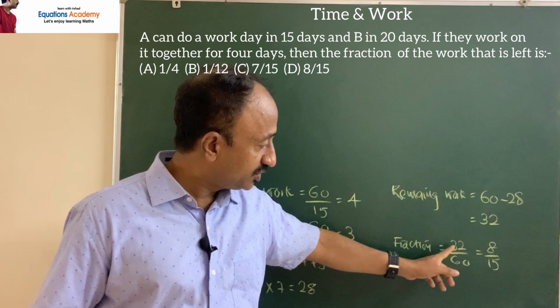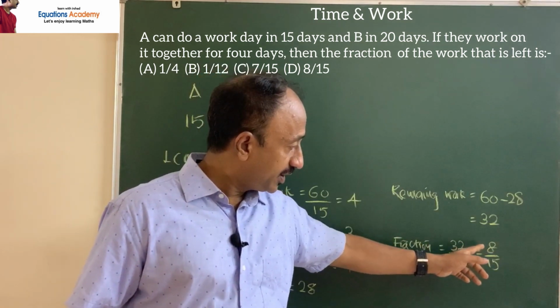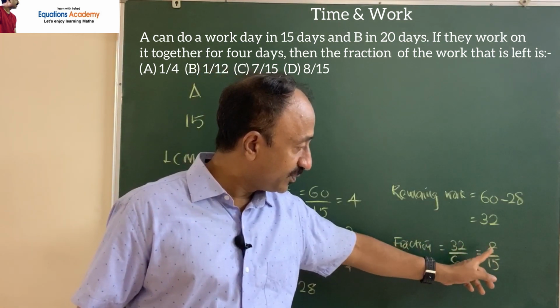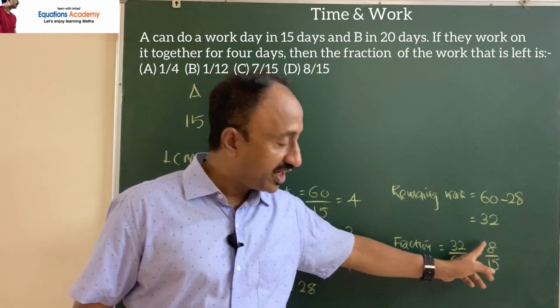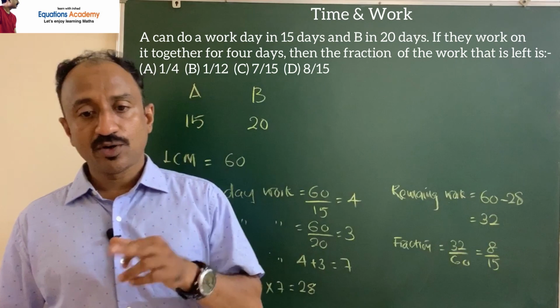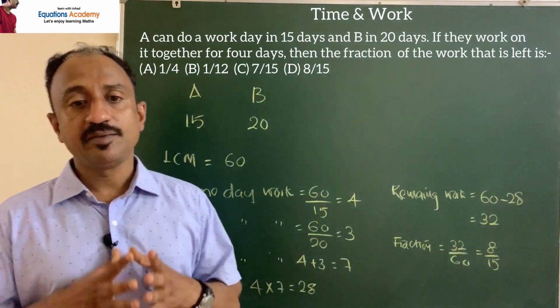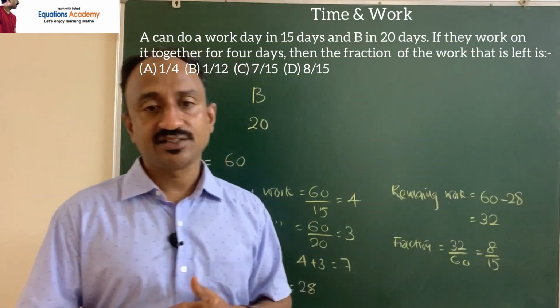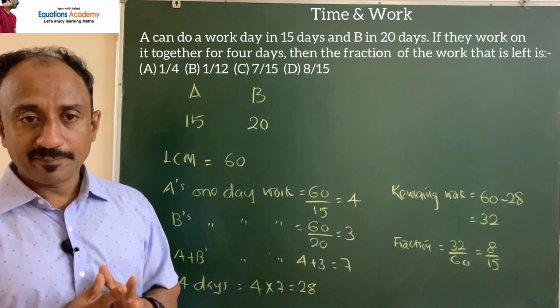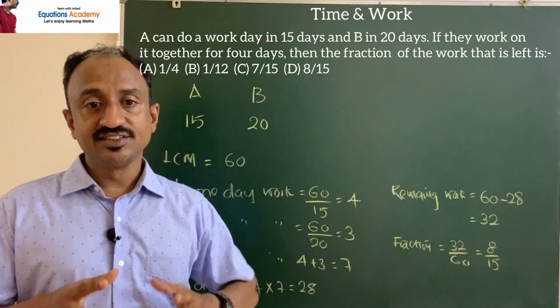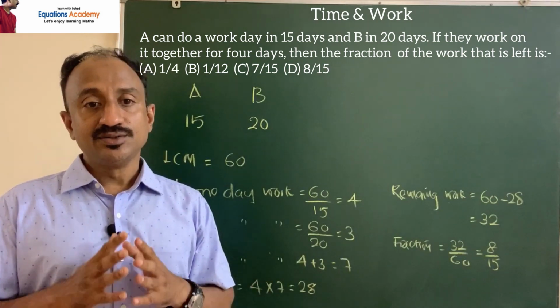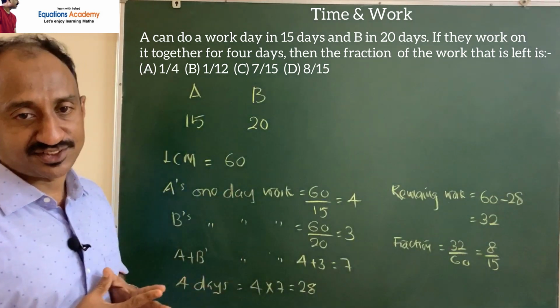If you cut it short, 8 into 4 is 32, 15 into 4 is 60. So 8 by 15. And option D, 8 by 15, is the correct answer. Clear? If you learn the LCM method, it is best to do all the problems from this section.